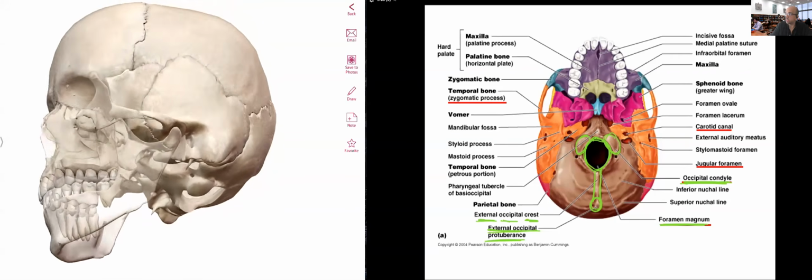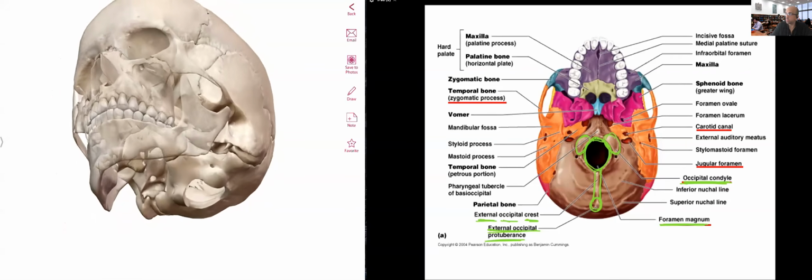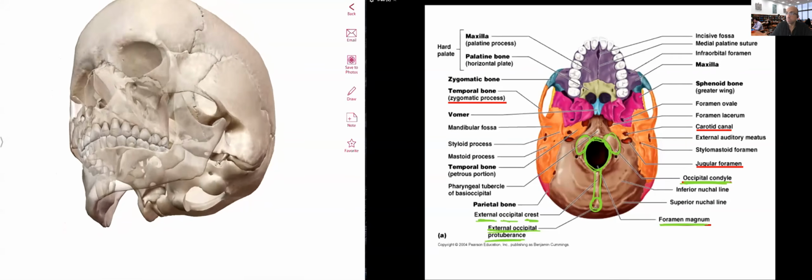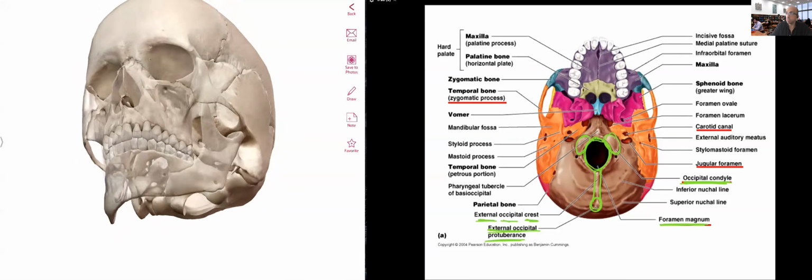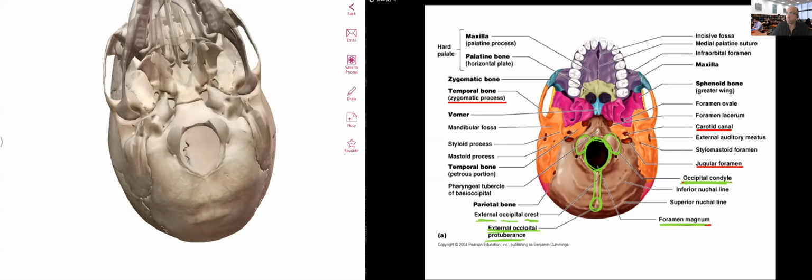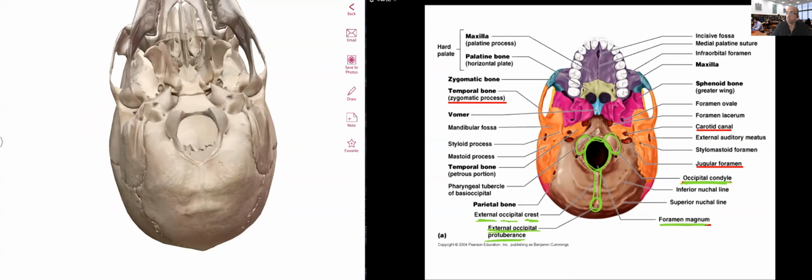You can see the inside of the skull through it. But if you're looking from this view, can you still see it from this view? No.